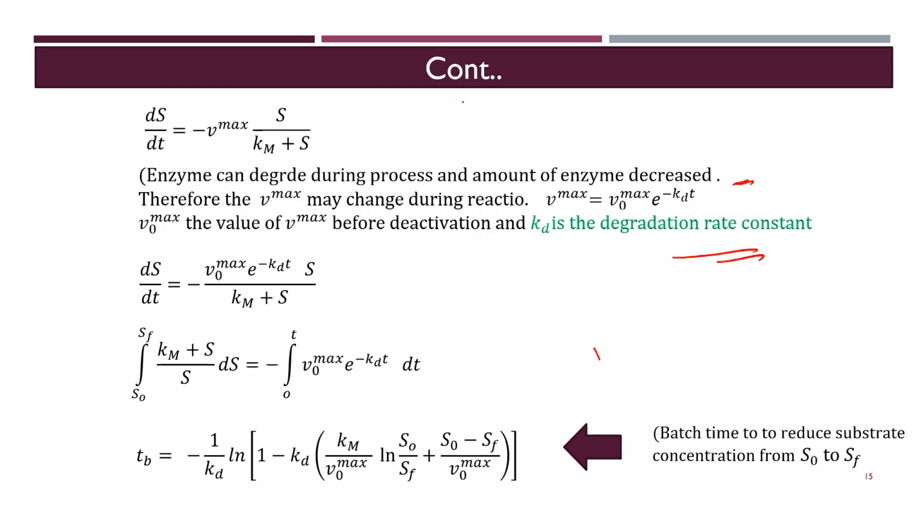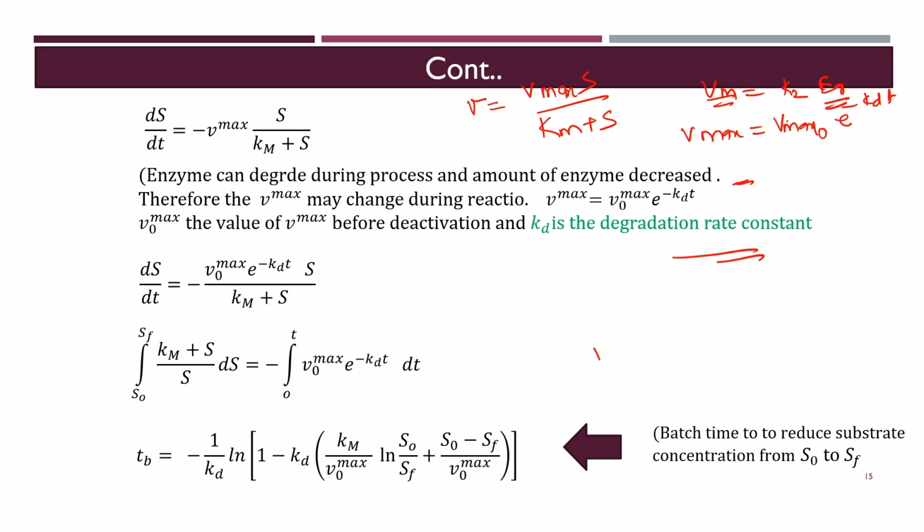If you remember the Michaelis-Menten equation, V equals Vmax S upon Km plus S. What is Vmax? Vmax is k2 into E naught. So, basically E naught is decreasing, so Vmax changes. Vmax becomes Vmax0 into e to the power minus kd into t.